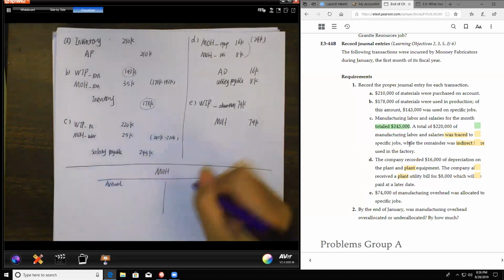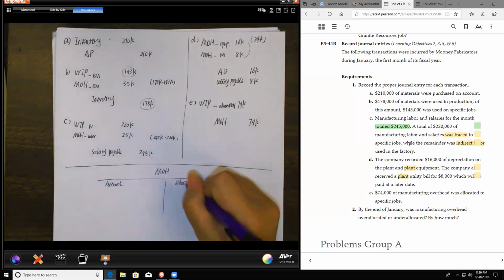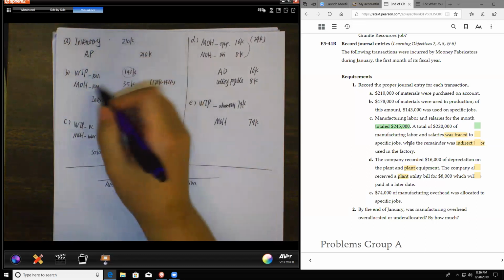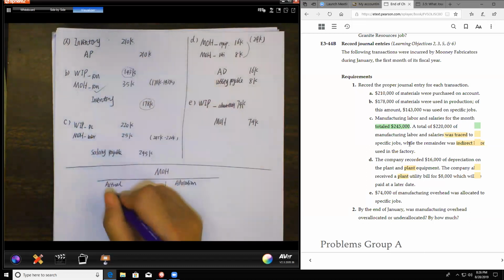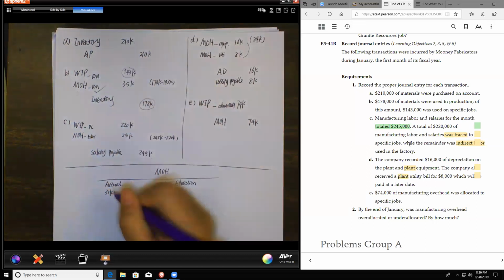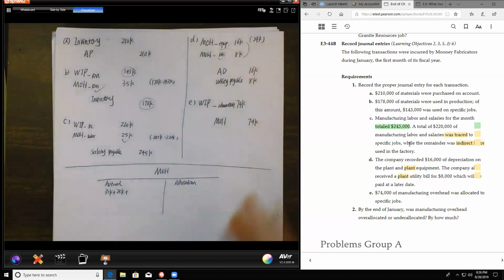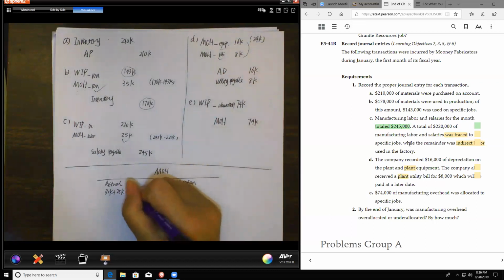The right side is your allocation. So our actual is the debit side. You have this from raw material 35,000, from the labor 25,000, from the equipment depreciation and utility 24,000.